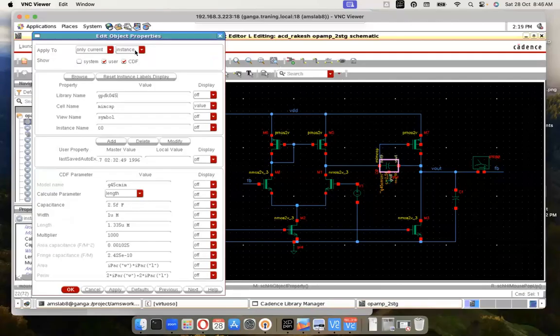We call it MIM cap. What is MIM cap? I'll just give a brief introduction in a while. But MIM cap is something that you can fabricate. So it doesn't really allow a huge cap of 2.5 picofarad. So what I have done is I just put a capacitance of 2.5 femtofarad into 1000. The multiplier is into 1000. That will give you 2.5 picofarad.